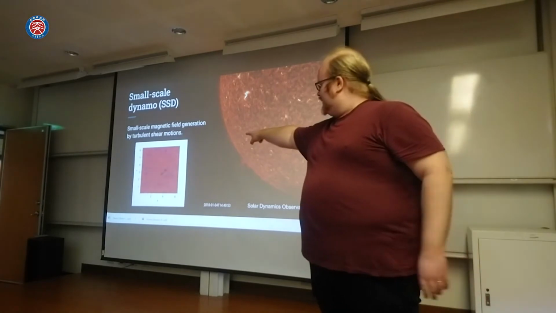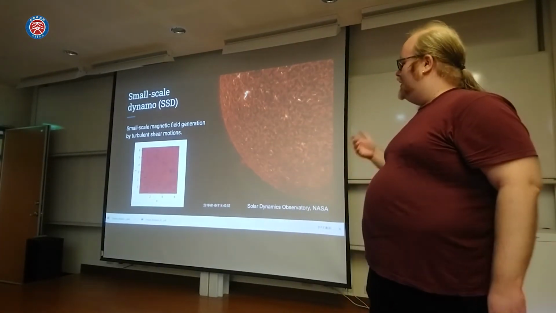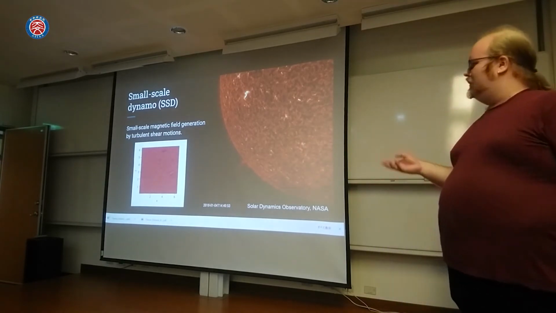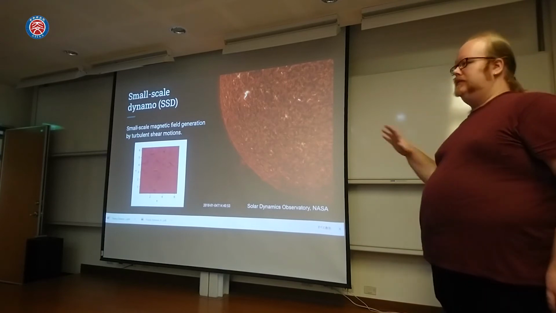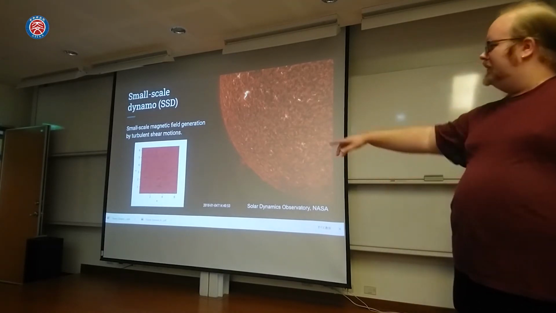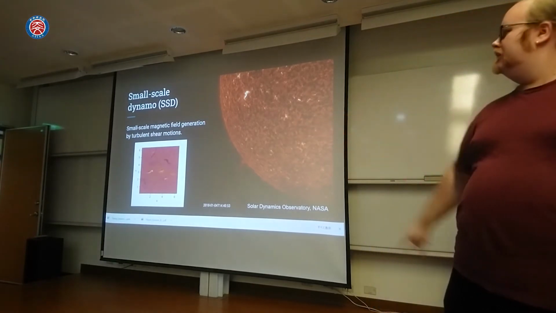There is, for example, this animation over there from my Astaroth simulation, which is done in this semi-isotropic periodic domain. Here is basically magnetic field generated by a small scale dynamo phenomenon.